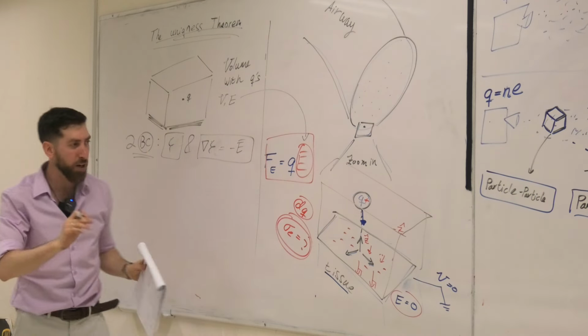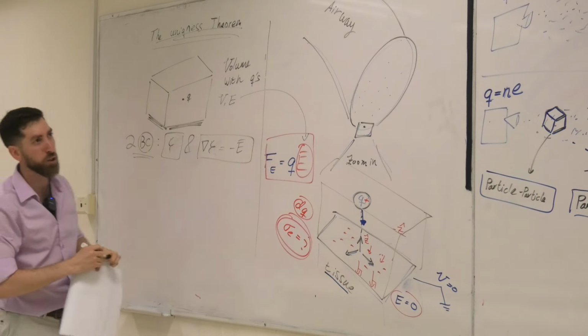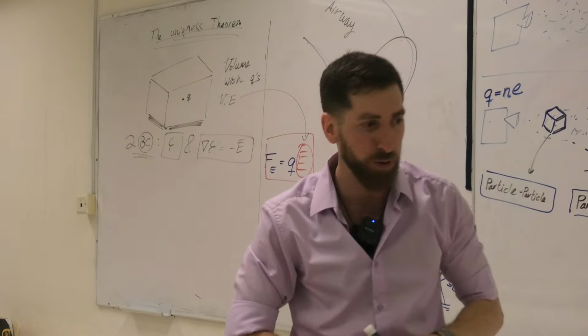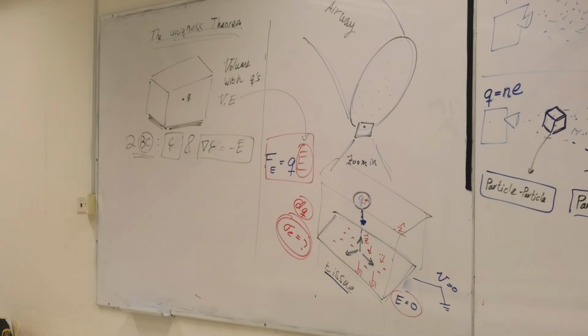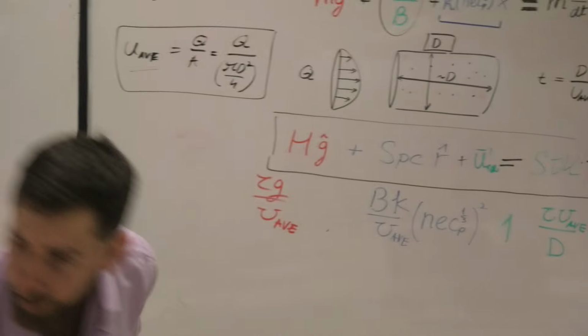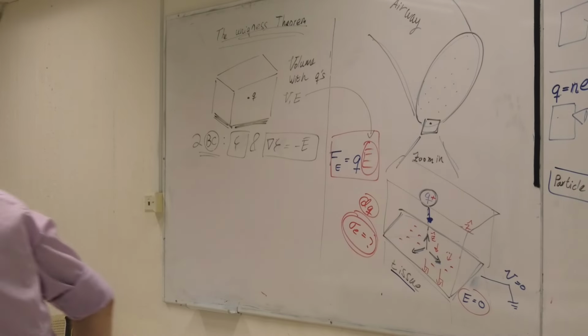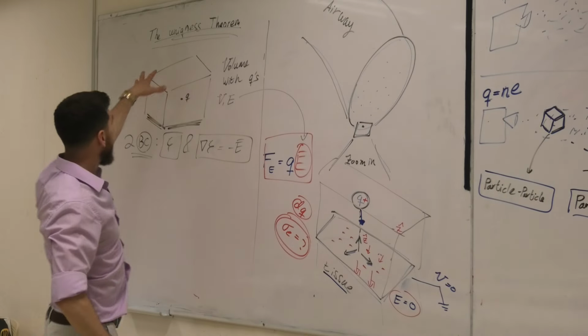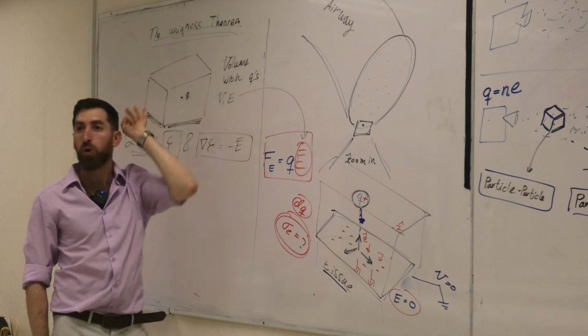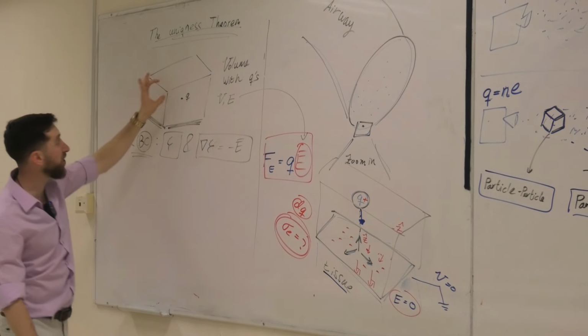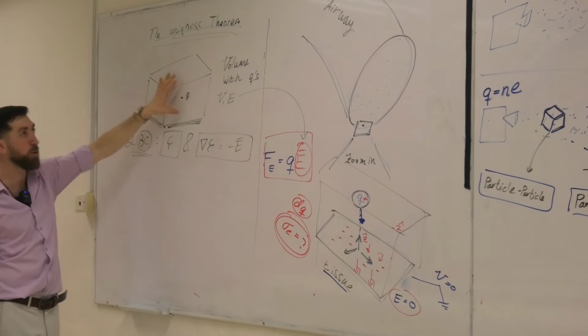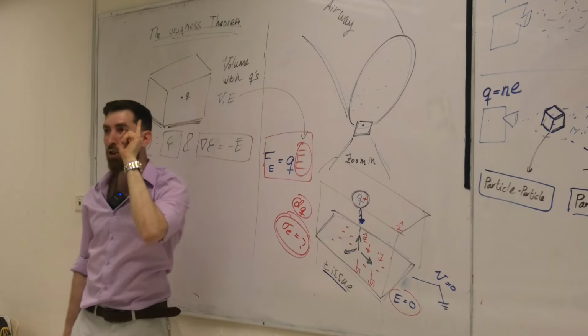Okay? So what I'm gonna show you? Let's erase the apple. What I'm actually saying is that the uniqueness theorem says that the solution to the Poisson equation for this volume in space is unique. There's only one solution.